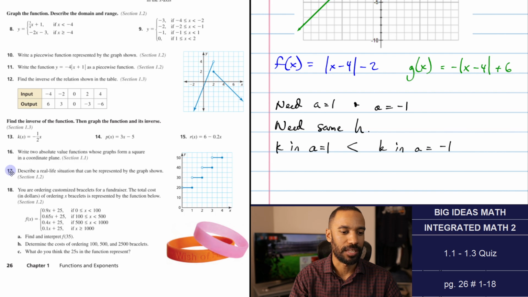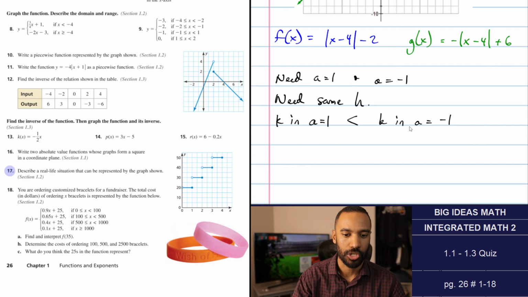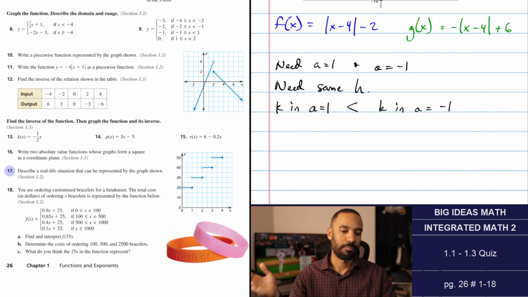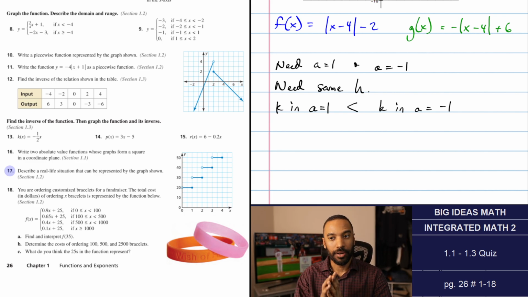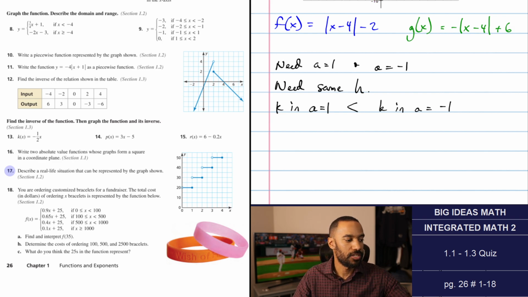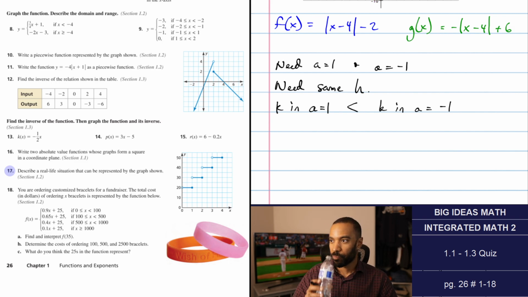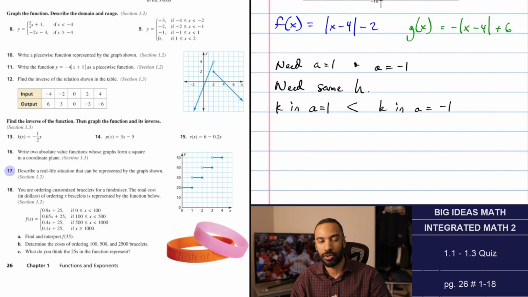Okay, number 17. Describe a real-life situation that can be represented by the graph shown. Okay, I didn't plan this out, so I got to think about one that I particularly love. Currently I'm really a fan of that subscription model thing, because that does use time, and price doesn't increase during that time.